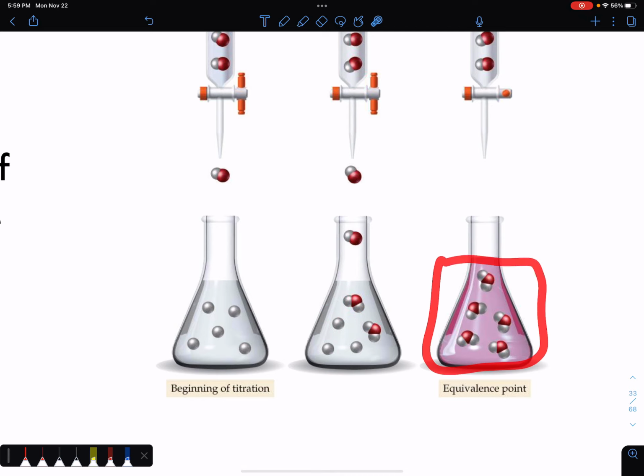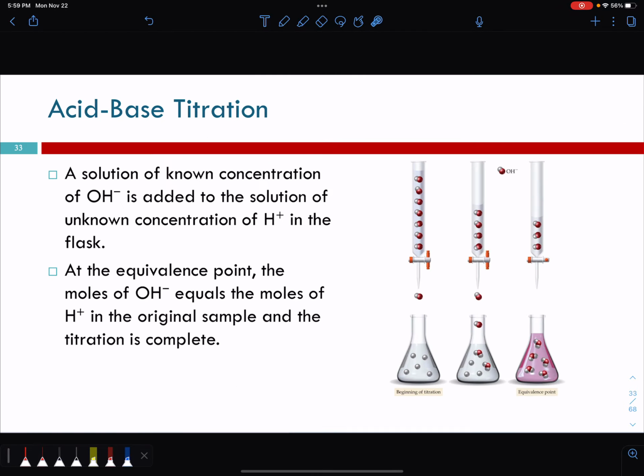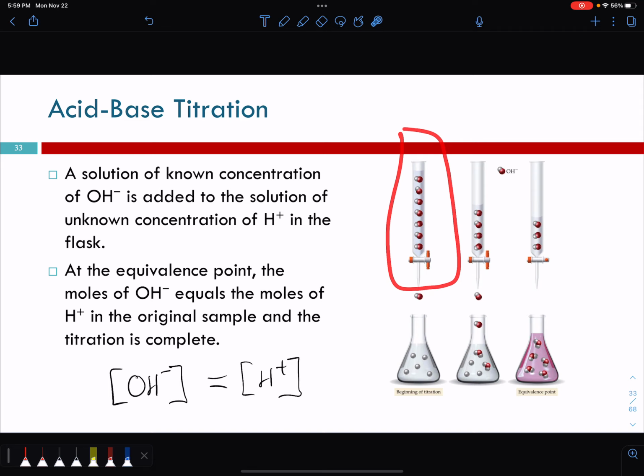As soon as all of them are matched up, we've reached the equivalence point and neutralized the solution, and phenolphthalein turns pink, which, as many of you saw, can take like 2 drops, and it'll be bright, bright pink. At this equivalence point, we'll see that these brackets mean concentration. The concentration of hydroxide is equal to the concentration of hydrogen. So we can use the known concentration of our, or not the concentration, I'm sorry.